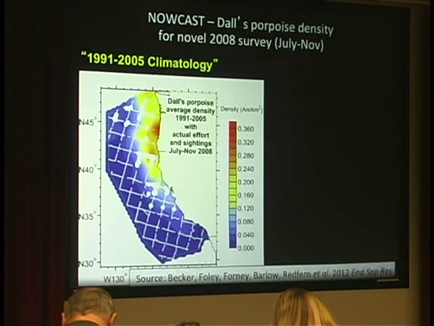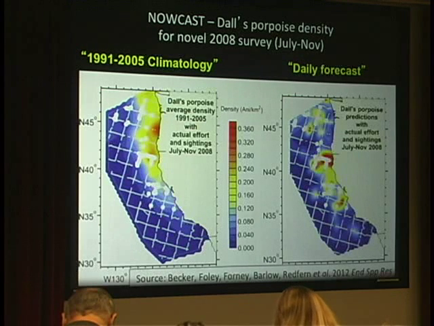And that's actually getting at a whale cast. So this is Elizabeth Becker, Karen Forney, Dave Foley, Jay Barlow, Jessica Redfern. This is so cool because now we can have these predictive models, and given the environmental conditions, we can say, okay, here's what we expect today.